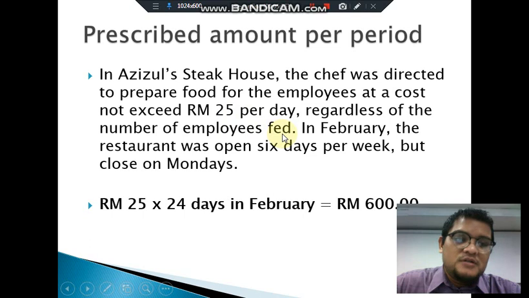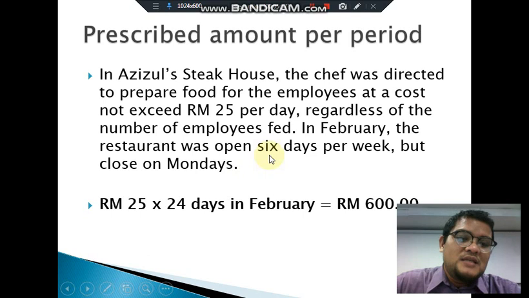So in February, the restaurant was open 6 days a week, but closed on Mondays. February has 4 weeks, 28 days, right? 28 days means 4 weeks. So in 1 week, it opens 6 days.